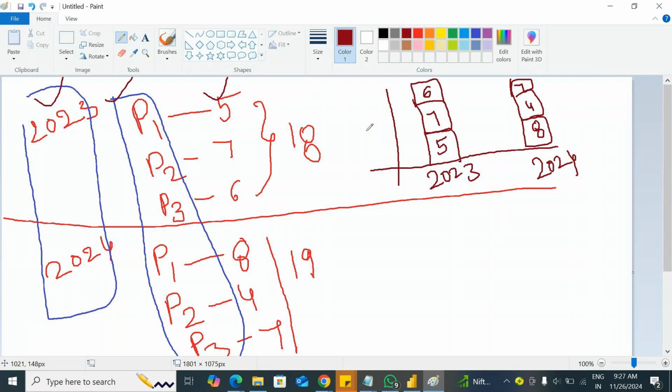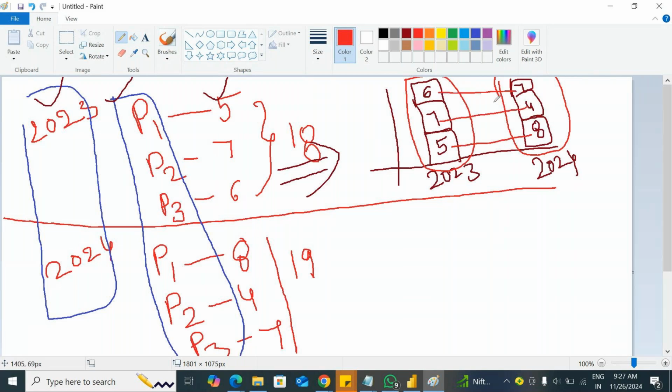So if I use a stacked bar, I am going to get this, and my major focus here is to find or compare the overall bar. I am not going to worry about which of these 5, 8, 7, 4, 6, 7 is higher. My focus is which bar has the highest total. This is all about a stacked bar.